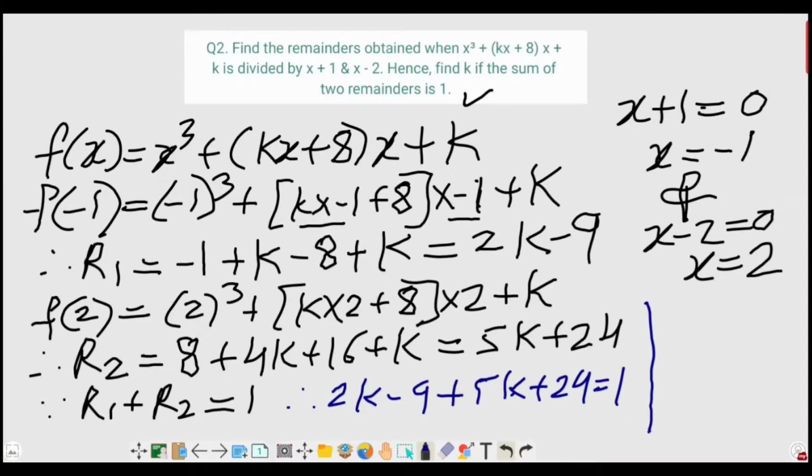Now just see, 2k plus 5k will give you 7k. Now 24 minus 9 will give you 15. 15, when you transfer to that side, 1 minus 15 will give you minus 14. So your value of k is minus 2.